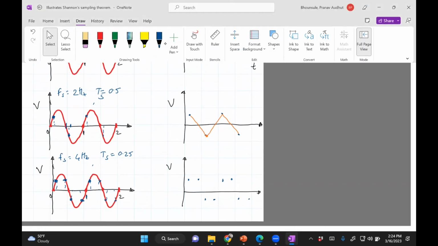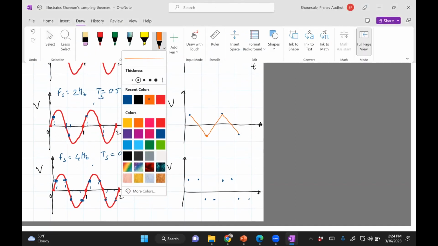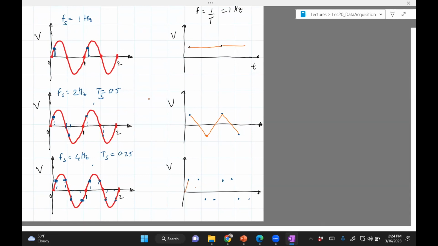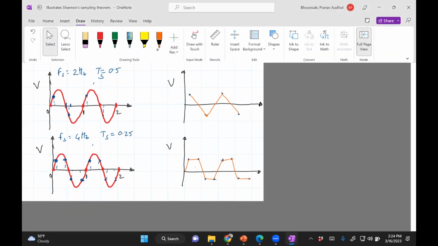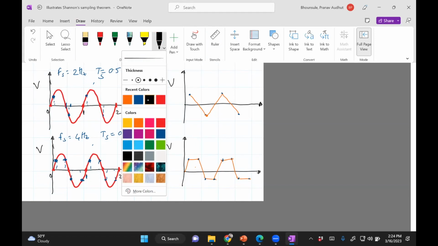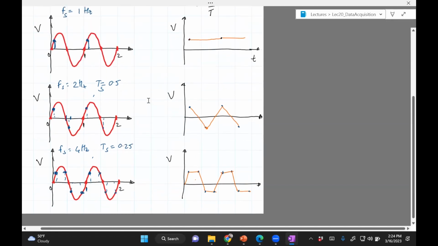Let's join it by straight line. Okay, so what we see is the following.